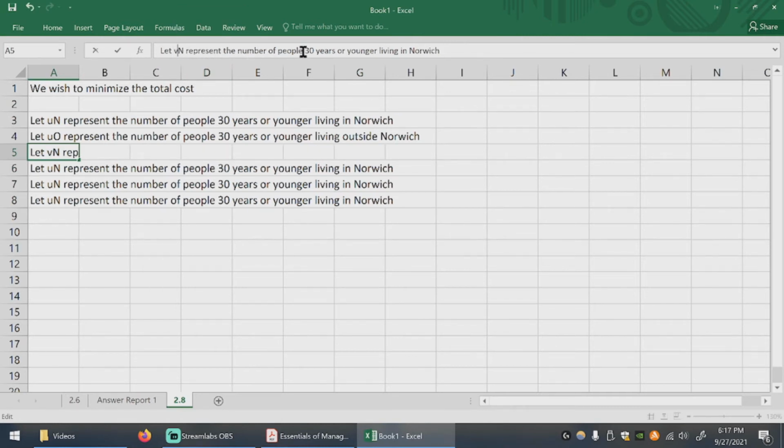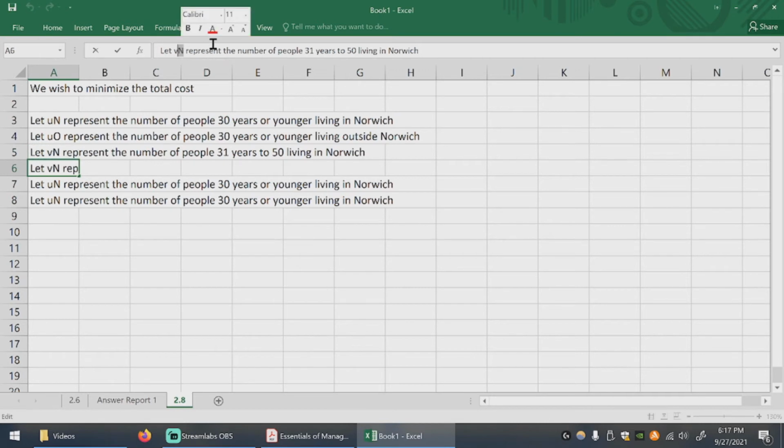Represent the number of people 31 to 50 living in Norwich. I'll just copy this one over. The wording's different enough. VO, same age group, living outside.